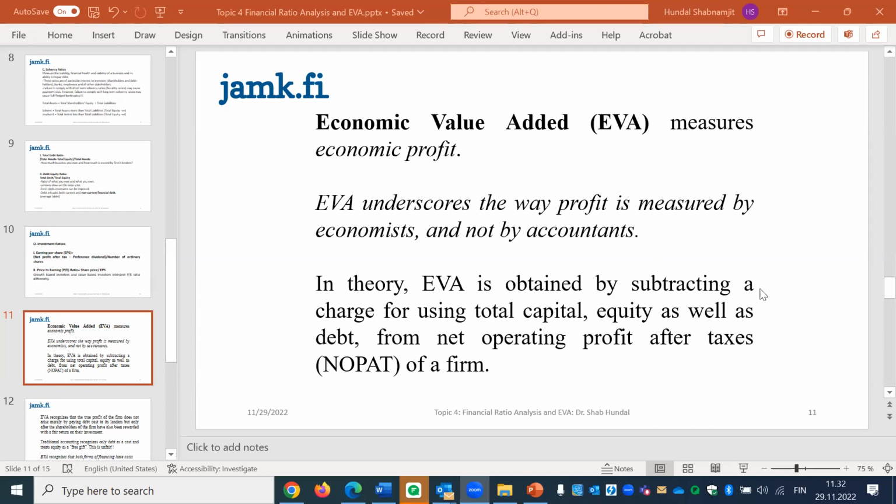Whenever you are calculating the net value added in the country, you are subtracting all the costs. Whereas when we are calculating the cost of financing, we only include the cost of debt financing. We do not include the cost of equity financing. So therefore, the profits which the companies are reporting are inflated profits.